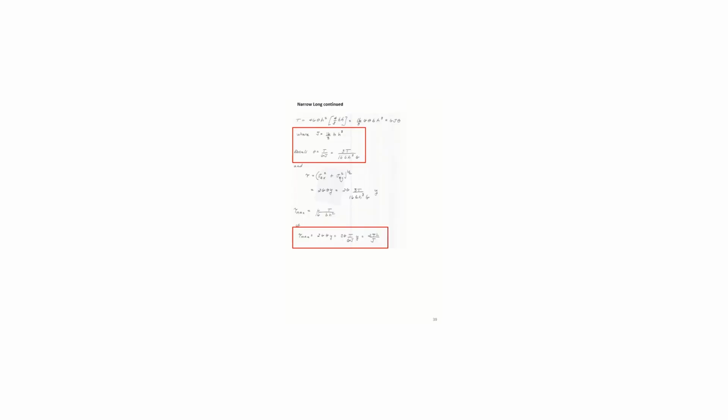Doing all of that, we came up with these equations down here for the stresses in a long, narrow rectangle. We were able to determine that J is equal to 16/3 B H cubed, that theta, the angle of twist, turns out to be this expression, and the maximum shear turns out to be this expression here.